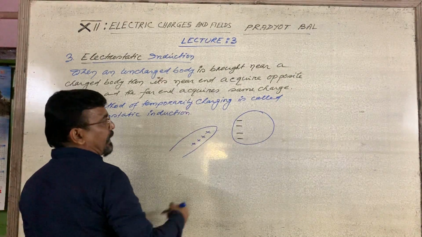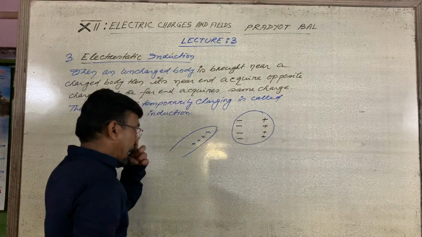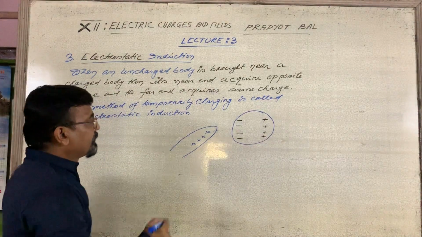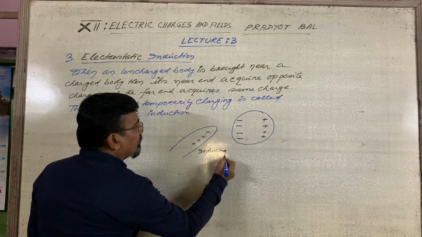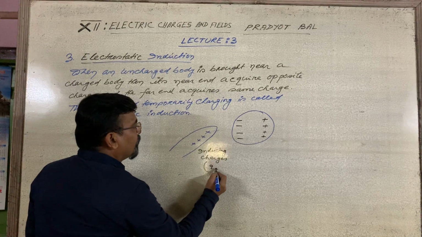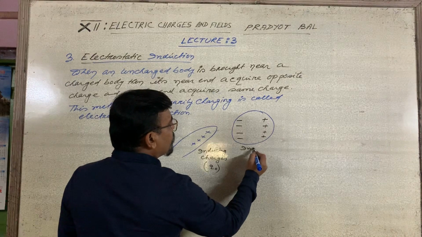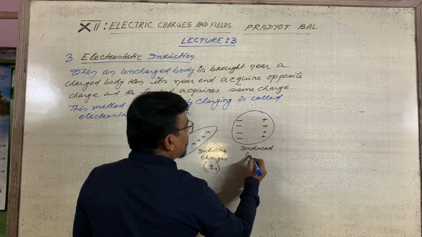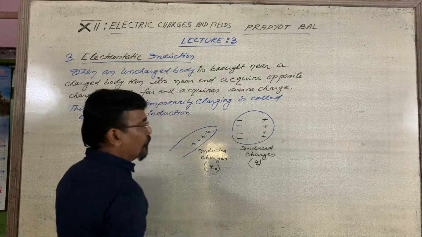But the far end acquires the same charge. Now, these charges are known as inducing charges and denoted by Q0. These charges are known as induced charges and it is denoted by Q.